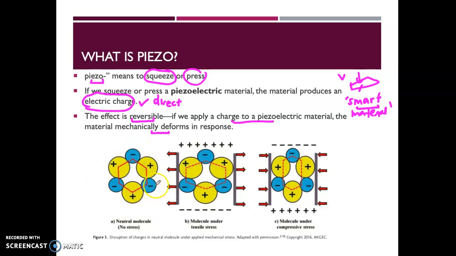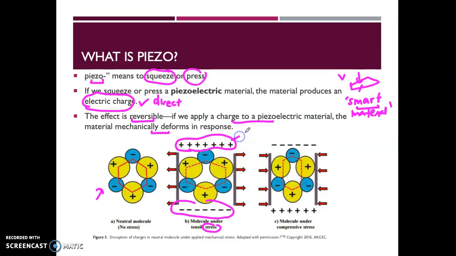Okay, so let's say from this figure 3, this is the molecular structure inside the piezo material. Let's say this is a quartz material. When you apply stress, when you start to squeeze the material or elongate the material, it will have a charge accumulate on top and at the bottom here.